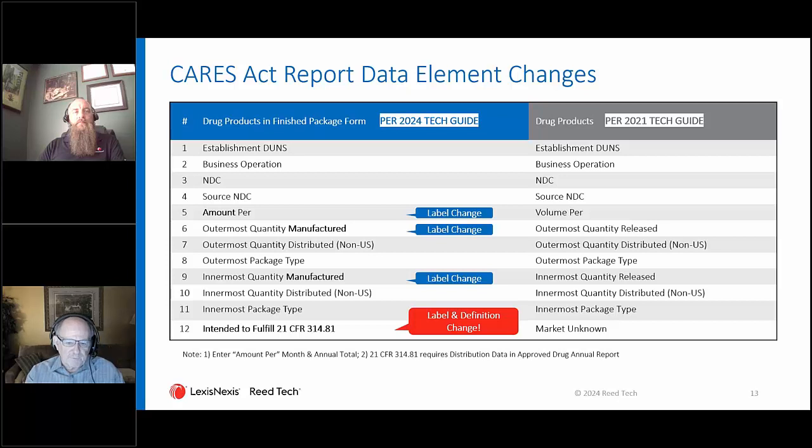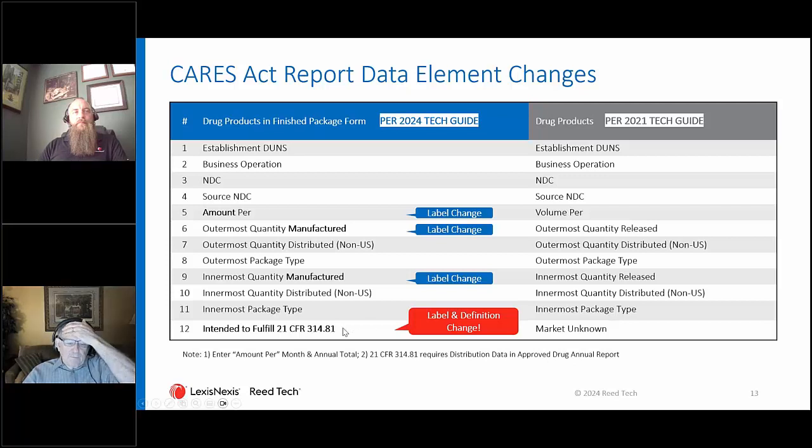And inside that report, there's distribution data that has been in place. The CARES report is an alternative to putting that distribution data in your annual report. So it's actually more granular and has a lot more information. So you're required to submit a CARES report. The nice thing about it is you can use the CARES report to satisfy the requirement of the distribution data in your annual report.